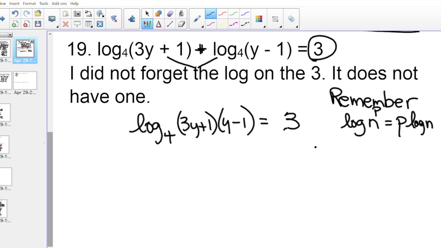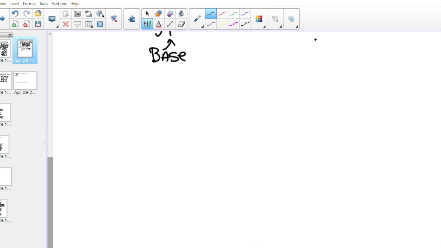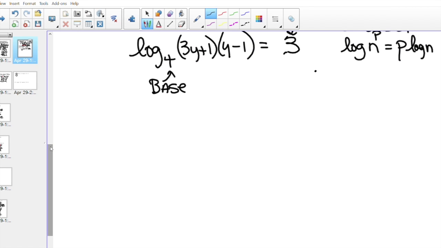So this is the base, the 3 here is the power, and this is what it equals. So you would rewrite this as 4 to the power of 3 equals.